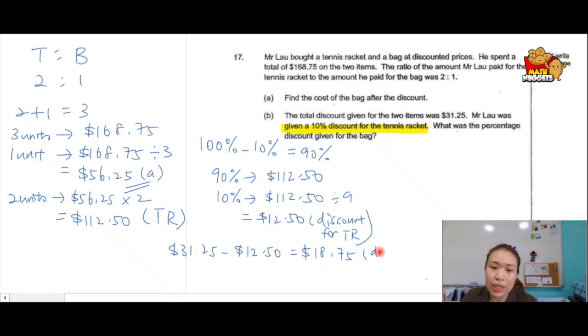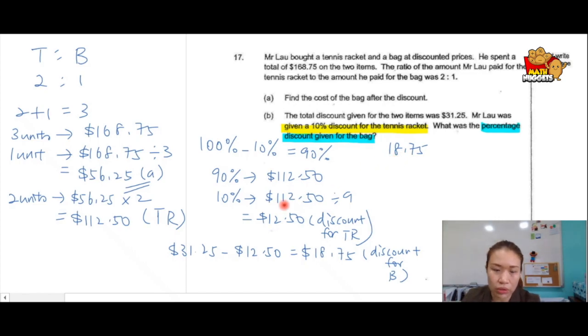This would be the discount for the bag. The question wants us to find the percentage discount given for the bag. In order to find percentage discount, we will take the discount, which is 18.75, out of the original price of the bag.